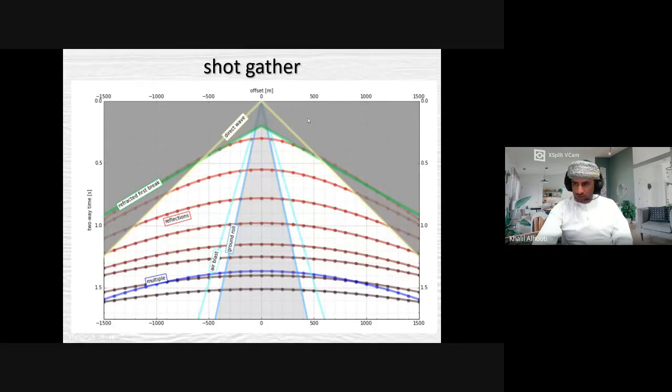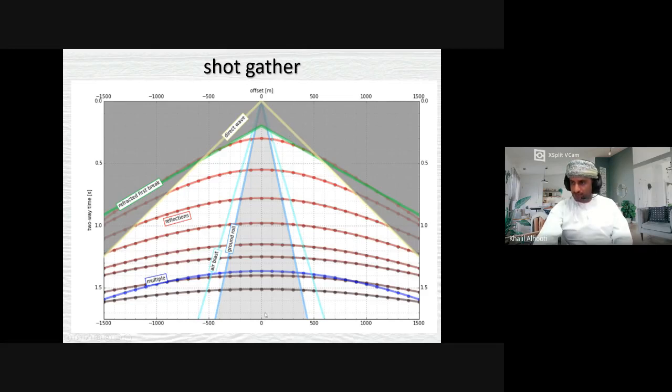So in your lab, you did the first lab, not the second one you are working on right now. You were given one side. There are two sides because the shot is in the middle and the geophones are spread out in both directions, to the right and left.